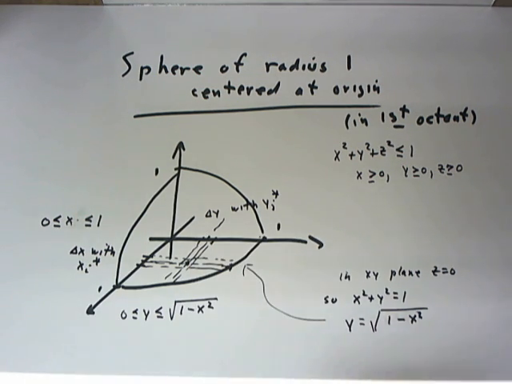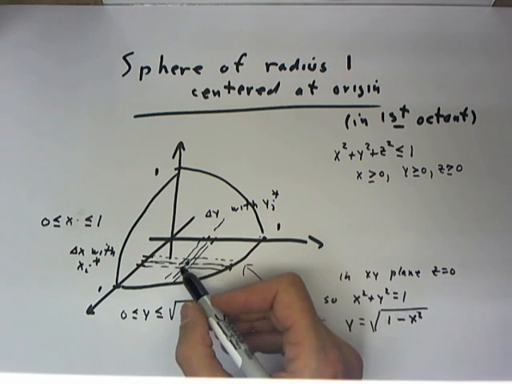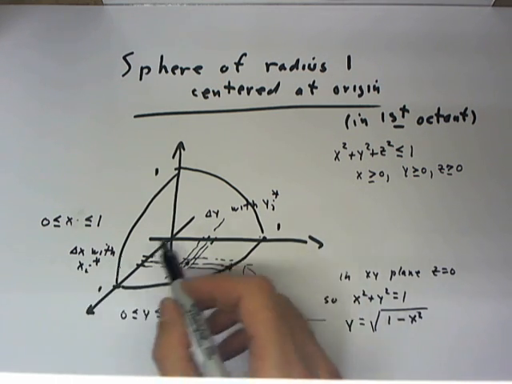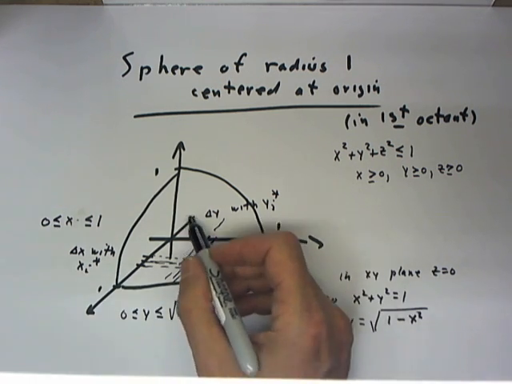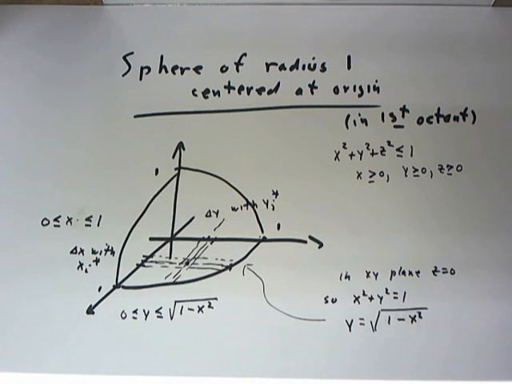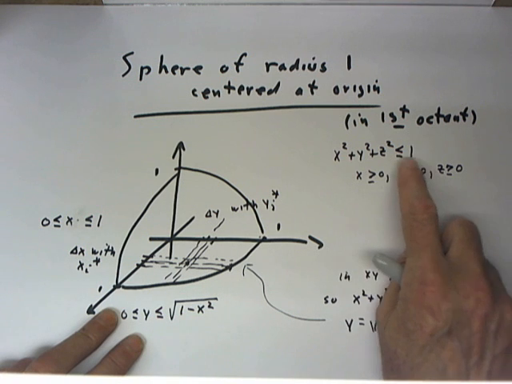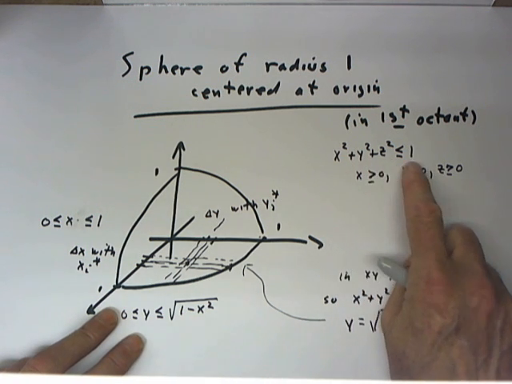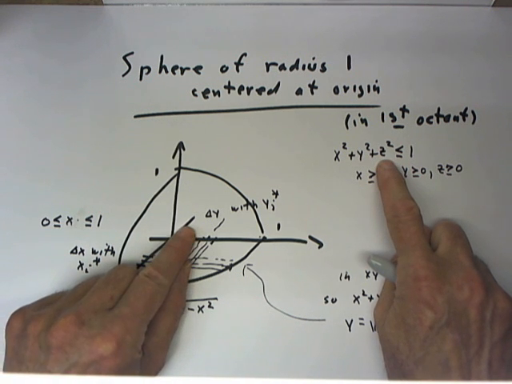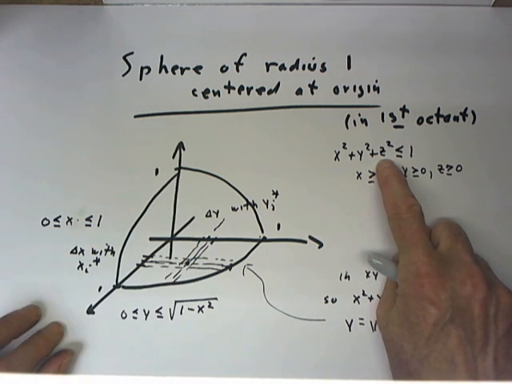And all we have to ask ourselves now is, okay, if I'm at the point xi star, yj star, how high can I go before I hit the surface? Well, our relationship is x squared plus y squared plus z squared less than or equal to 1. That's going to be the case until z gets too big. How big can z get?